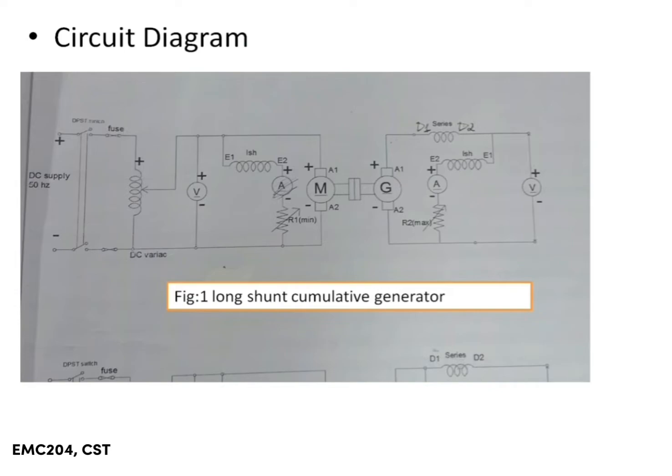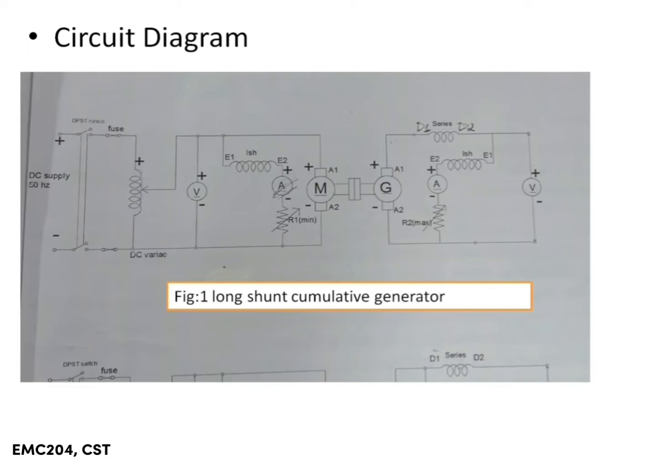So this is the circuit diagram of long shunt cumulative generator. This is the supply side, this is the motor side, and this is the generator side. In our experiment, we make the circuit connections referring to this circuit diagram.